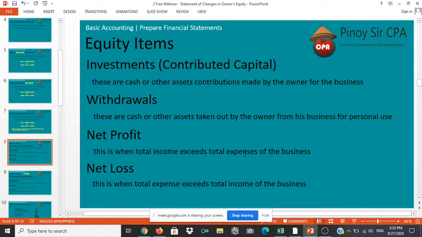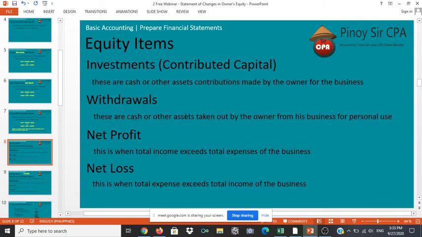Now, kung iisipin mo, indirectly, yung income talaga yung dahilan kung bakit tumataas yung equity. Kasi nga, pag sinabi nating net income, ang mas mataas ay yung total income kaysa sa total expense.